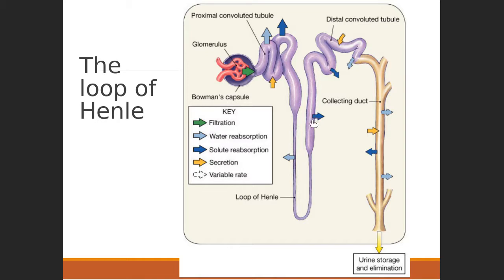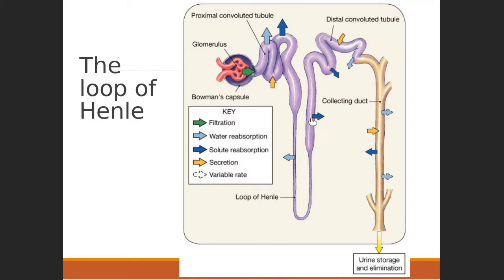The more salts that leave the ascending limb, the stronger the hypertonic environment around the descending limb, which drags even more water out of the descending limb, concentrating our solutes in the tubular fluid more and more and more, creating a better situation and a higher rate of transport out of the ascending limb.